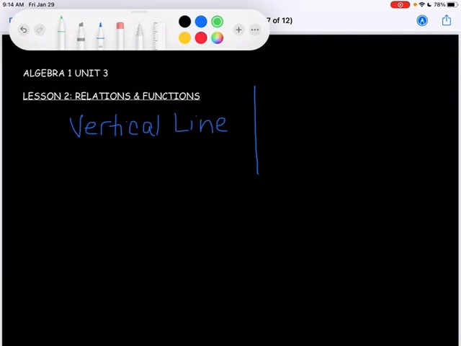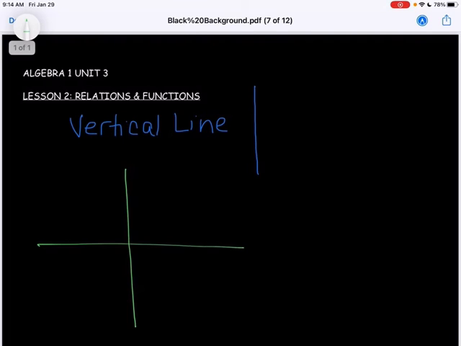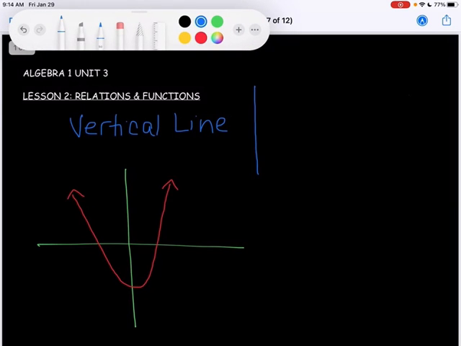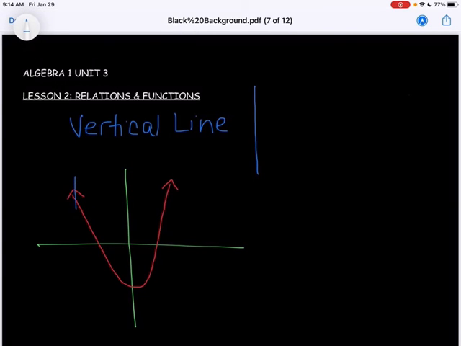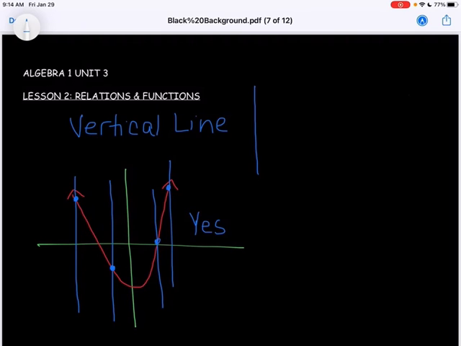For example, let's say I have this picture. There's the coordinate plane. Let's say I have something like this. No matter where I draw a vertical line, it should only cross it once. So if I drew a vertical line here, it's only crossing once there. If I drew it here, it's only crossing that function or that relation there once. Every time I draw it, it's only crossing one time. So this passes the vertical line test, so yes, this is a function.